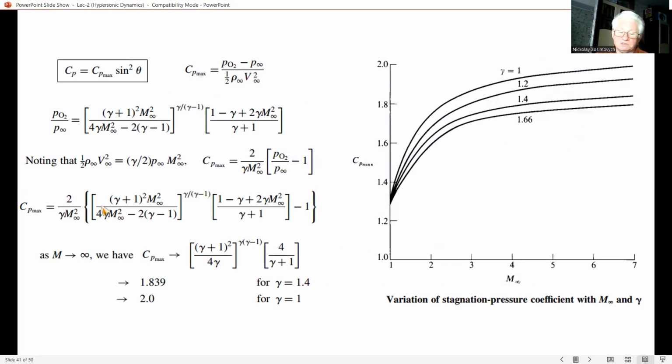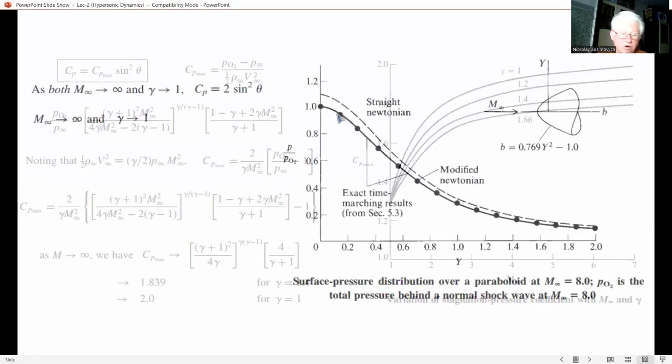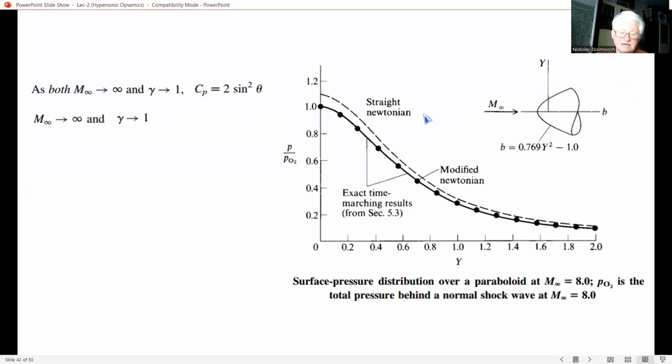And this forces Newtonian theory to be exact at the stagnation point, as can be seen in this figure. The variation of CP away from the stagnation point closely follows a sine squared decay.